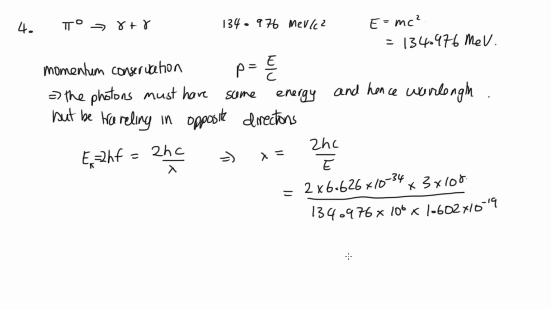And now solving that, we get 1.84 times 10 to the minus 14 meters. So that's the wavelength of the photons.